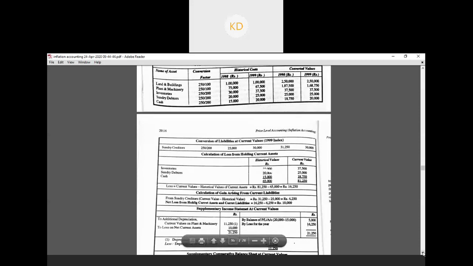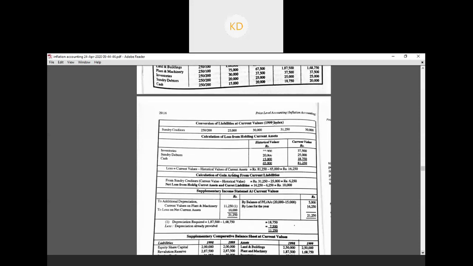On current assets, I would have a loss. This we understood in monetary gain and monetary loss. Now I am converting my liabilities at current value. This is being done. Now I'm calculating my monetary gain and monetary loss.